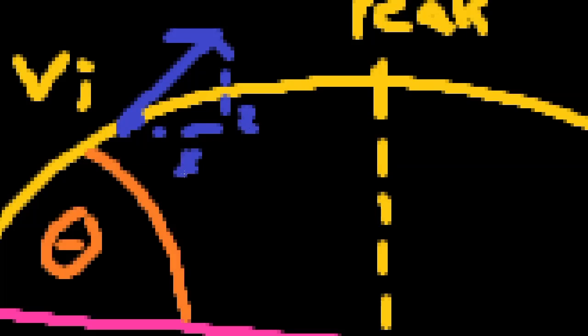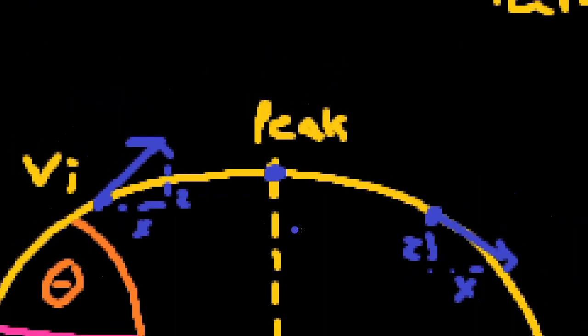By drawing vectors at certain points in the curve, you can still notice how they have both x and z magnitudes. At the peak, you will notice that velocity in the z direction has stopped and is now 0 meters per second.